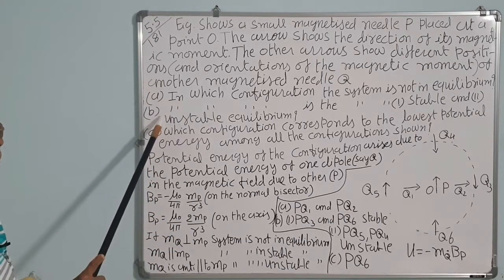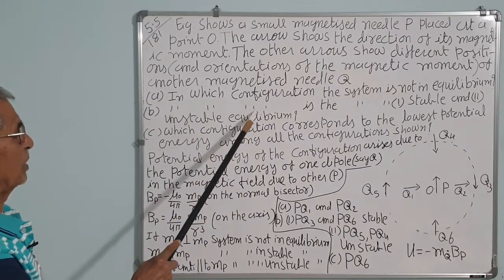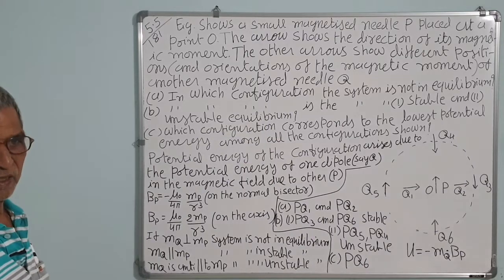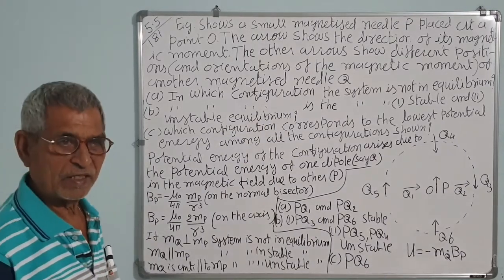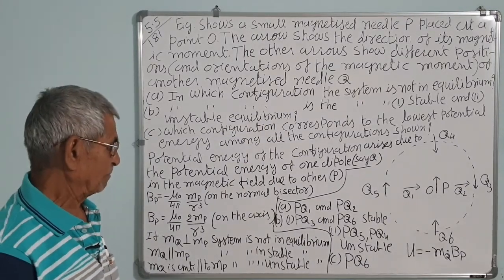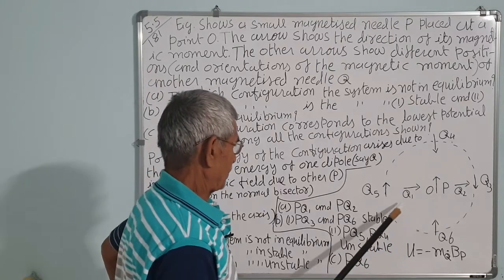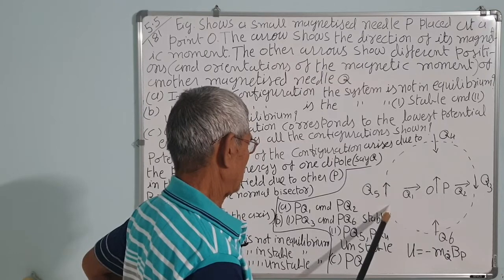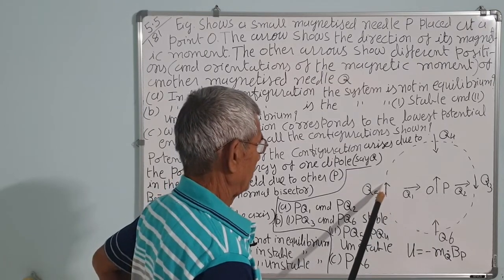Number 2: in which configuration is the system in unstable equilibrium? We know that for unstable equilibrium, the angle is 180, that is anti-parallel, correct. You can see this magnetic field is in this direction, and this is in the opposite direction.